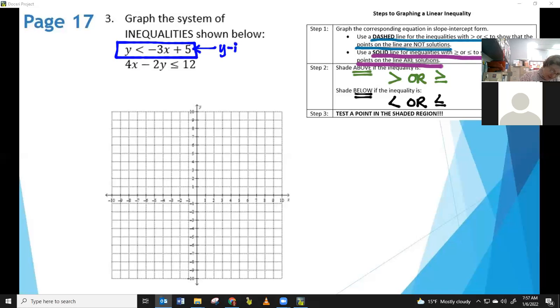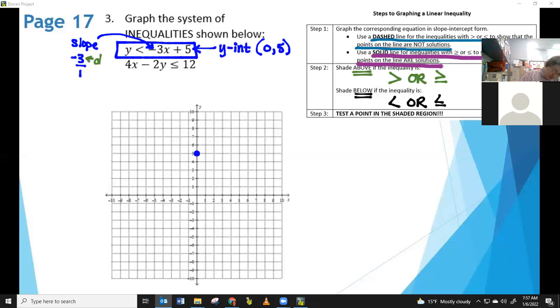Here's my y-intercept. It's at (0, 5). So I'm going to put that point down. And then my slope is -3. So I'm going to call that -3 over 1.